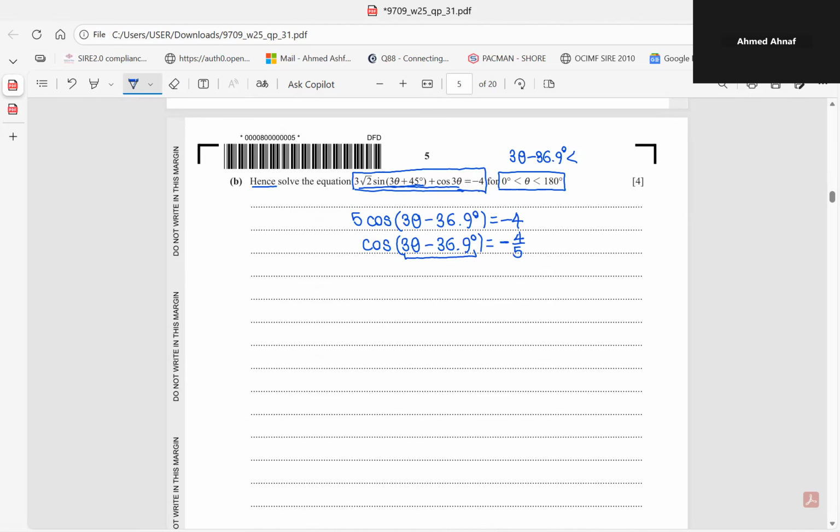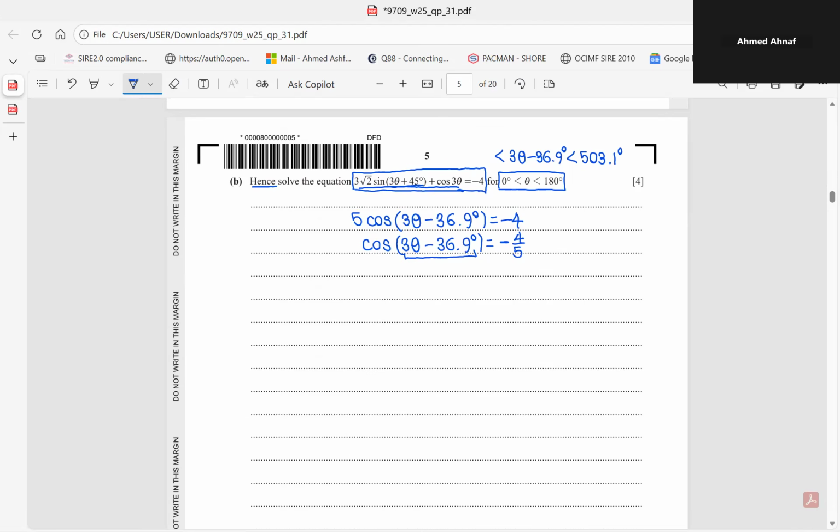So for 180, we can multiply it by 3 first. So you get 540, and then you subtract it with 36.9. So for our upper limit, sorry, we get 503.1 degrees. As for the lower limit, we get 3 times theta, so 3 times 0 minus 36.9.